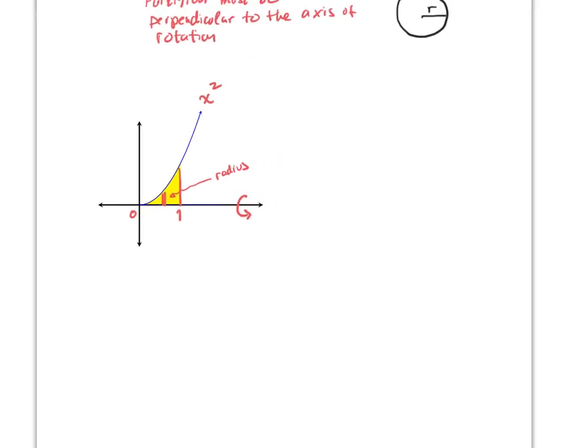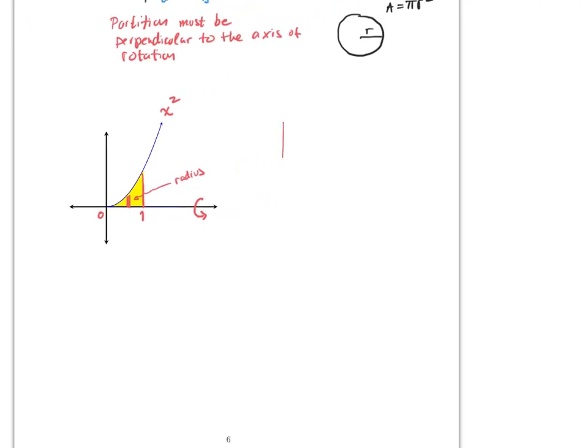Okay, and then if you were going to do a bunch of circles around it, the graph will look like this when you are rotating. So you can see here you will have one circle, another circle, another circle, and so forth.